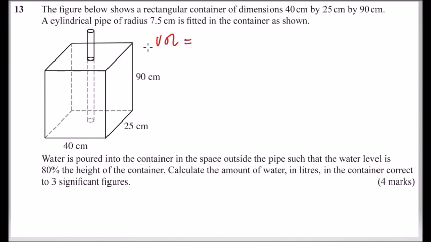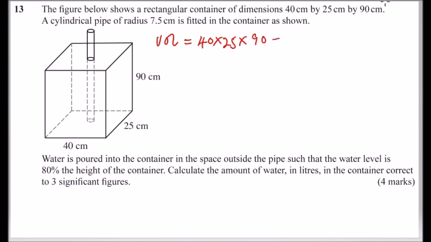So the volume of the container is 40 multiplied by 25, multiplied by 90. That's the total volume of the container.